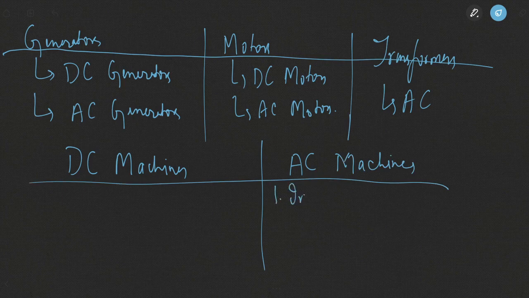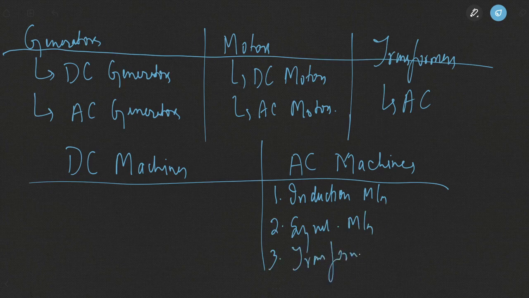You can have induction machines, you can have synchronous machines, you have the transformers. So these are some of the AC machines that we'll be studying in this course. There are other types of AC machines as well. As far as DC machines go, you have DC motors and DC generators. You can have then subtypes of these.